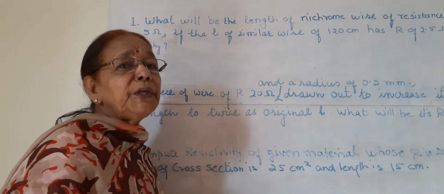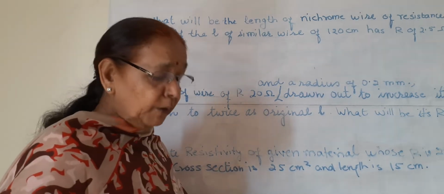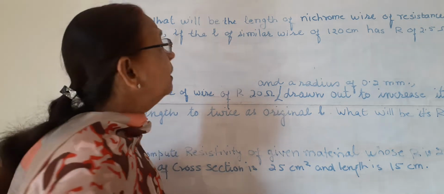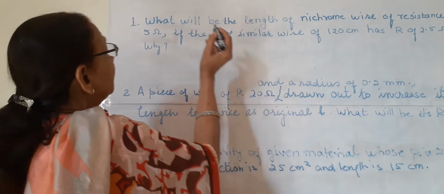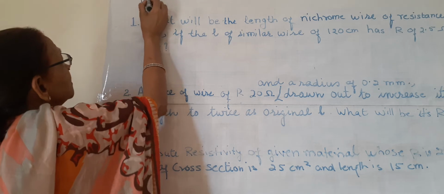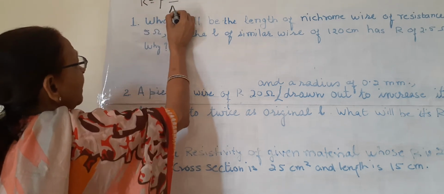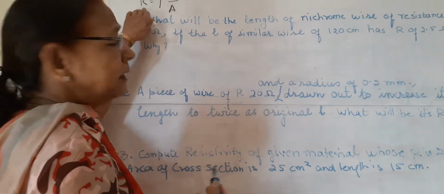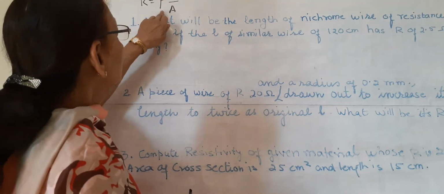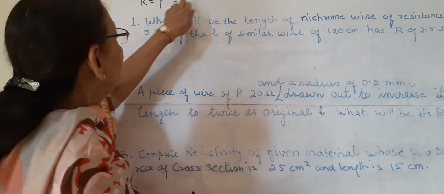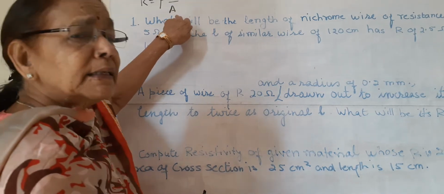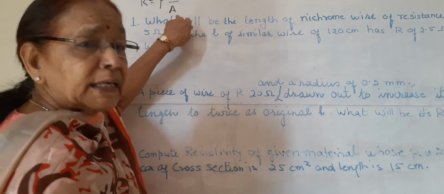In the previous video, we had learned about resistance and resistivity, and all of you know the formula R is equal to rho L by A, where R is the resistance of the conductor, rho is the resistivity, L is length, and A is area of cross section.